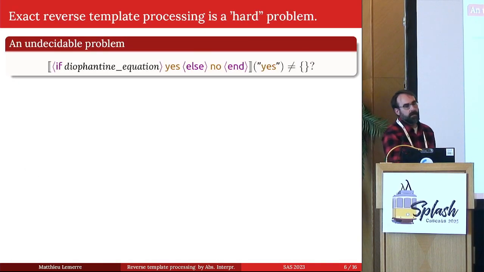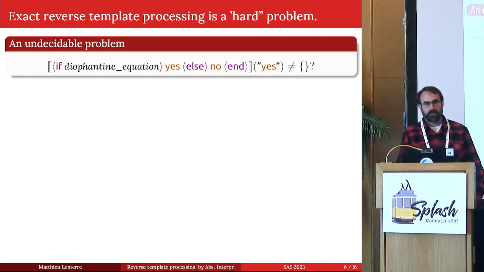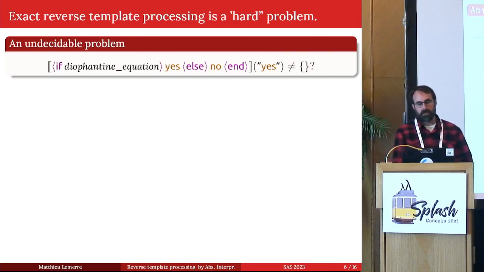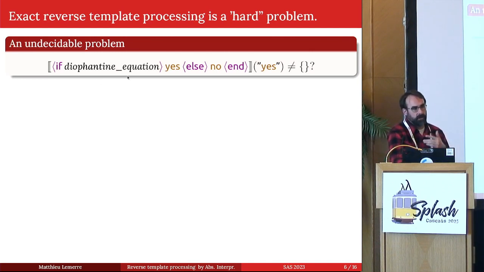So now, why is exact reverse template processing a hard problem? First, it's not decidable, because if you can exactly characterize a set of inputs that corresponds to an output template, then you can use that to get all the solutions to a Diophantine equation, and finding solutions of Diophantine equations is an undecidable problem.